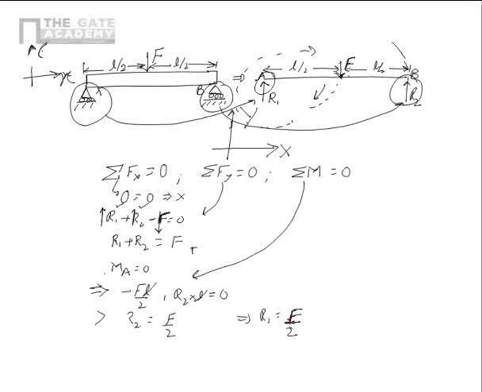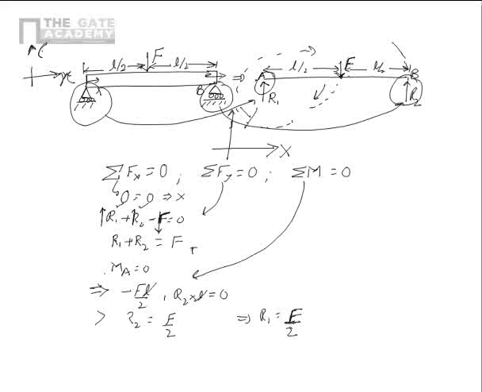It actually does not, because the roller supports cannot provide any reaction in this direction. These are free. But that's not a good condition to have, because in statics, if we do not know what forces are acting in those two directions, we cannot find out the reactions.